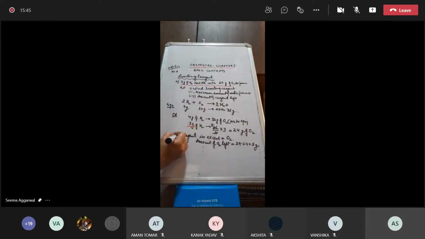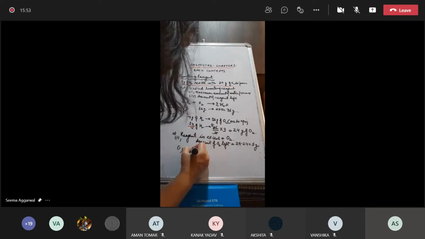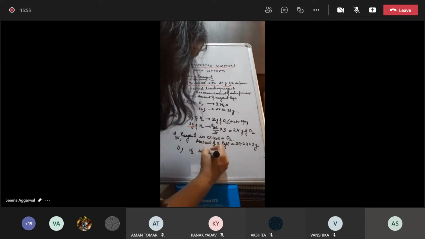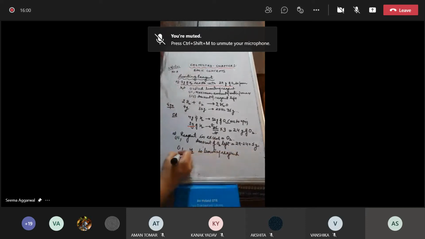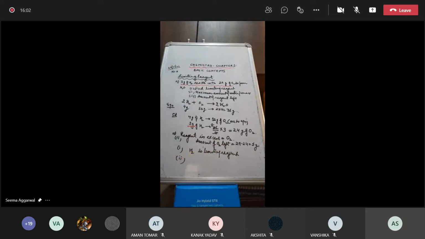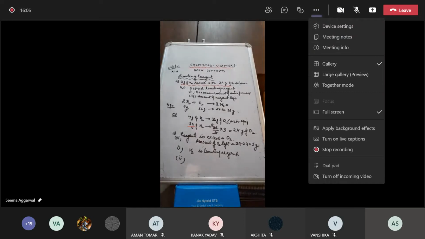So this is my third part. Now what is the limiting reagent? H2 is the limiting reagent. Now second part, amount of water formed. The calculations we have to do according to the limiting reagent.